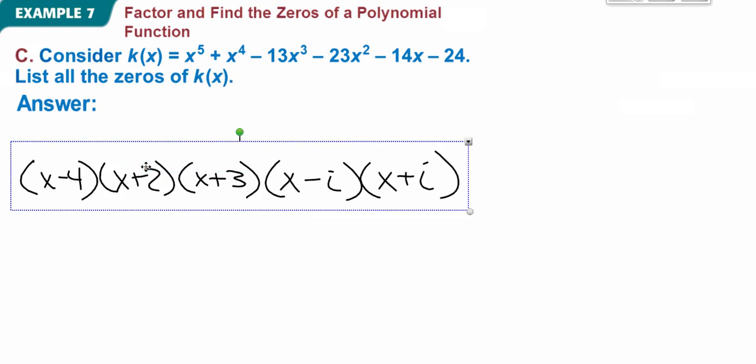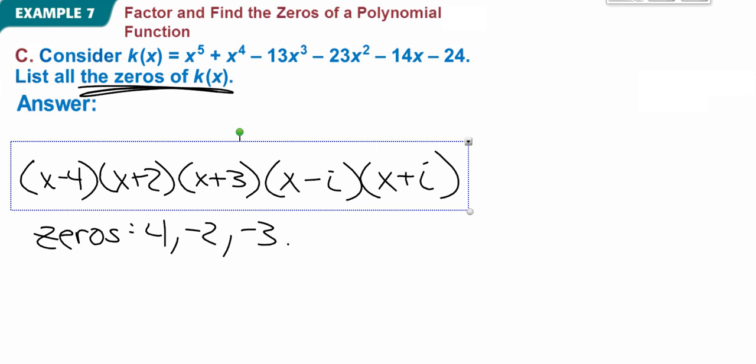Paste. It's one problem. So now part C is what are all the zeros? If you get this far, it's easy, right? Because the zeros are 4, negative 2, negative 3. This one is actually positive i, and this one is actually negative i, as we look at that.